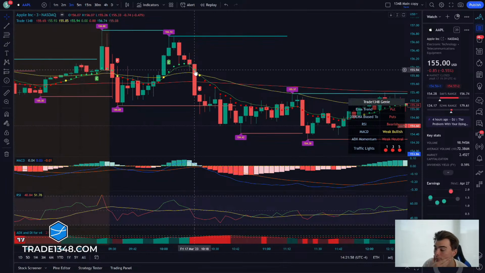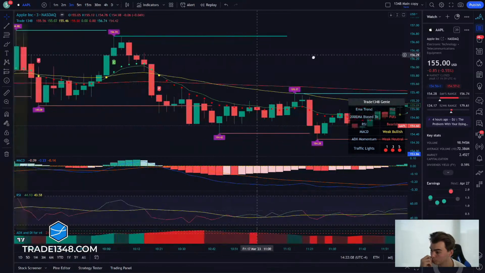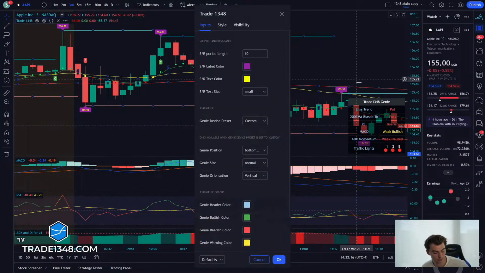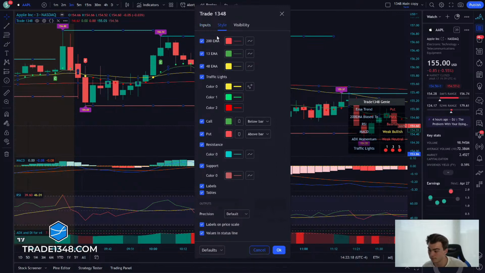So are you talking about the traffic light value, or are you talking about the EMA values? Well, the traffic light EMA value. Yes. Right? So let me just drive my point home here. Let me change the colors a little bit on the chart. Let's go on over to settings, then style.